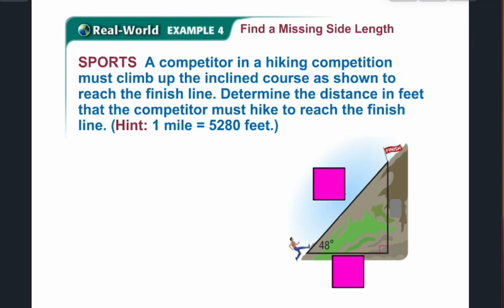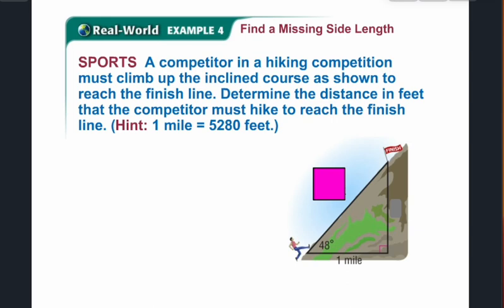Determine the distance in feet that the competitor must hike to reach the finish line. Now it says that the finish spot is 1 mile out from the base of the mountain. So please mark that as 1 mile.